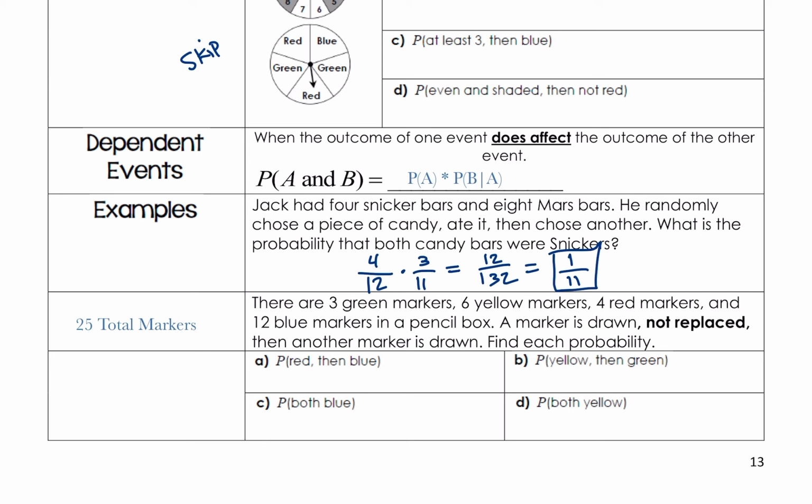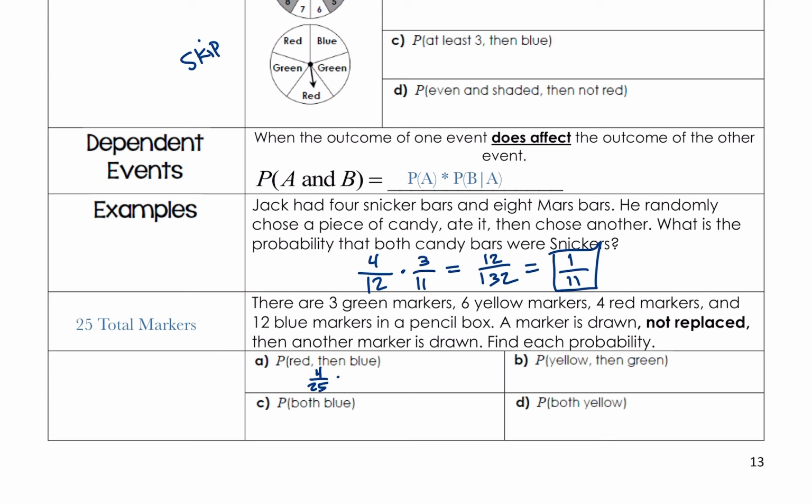In A, it says find the probability of pulling a red and then pulling a blue. Well, we've got 4 red markers, so I've got 4 out of the 25 markers. And then because it says we do not replace the marker, we do not put it back, now we have a different amount of markers in our box.